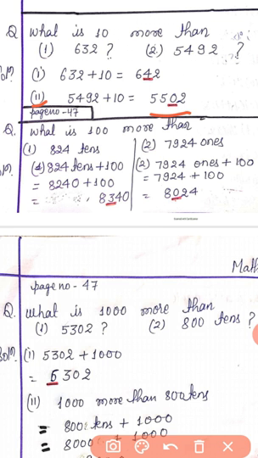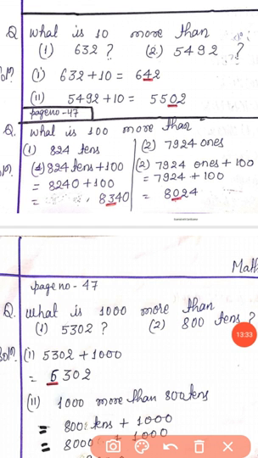Okay, so now you see here the tens and hundreds digits change. So we underline the tens and hundreds digits, because both change here. The hundreds digit changes if there is regrouping.